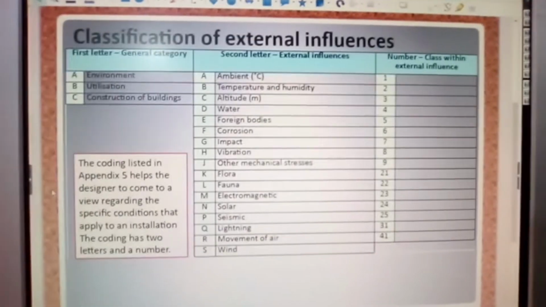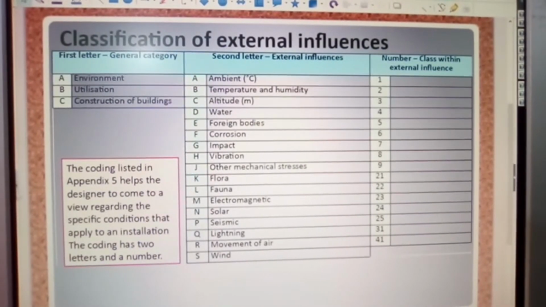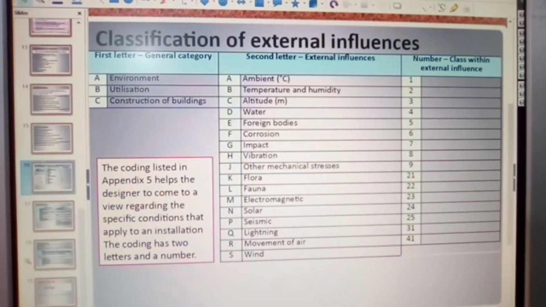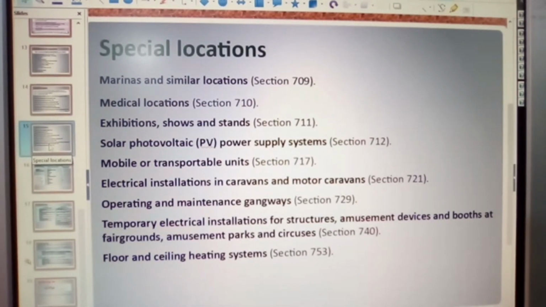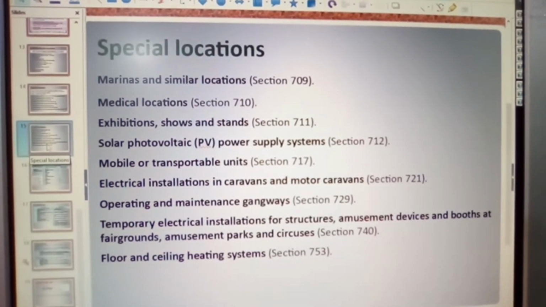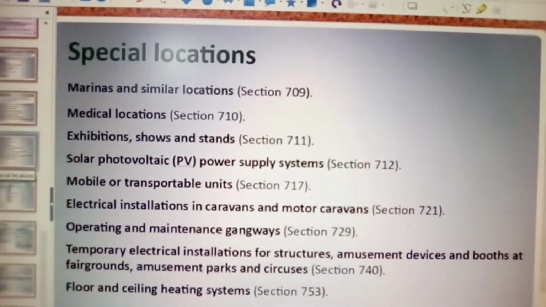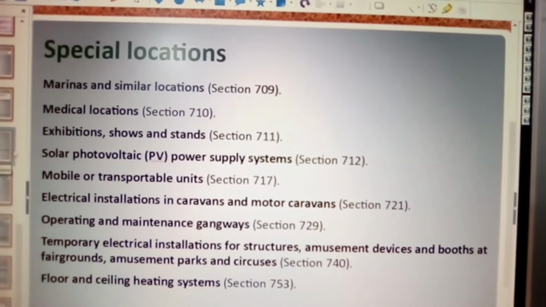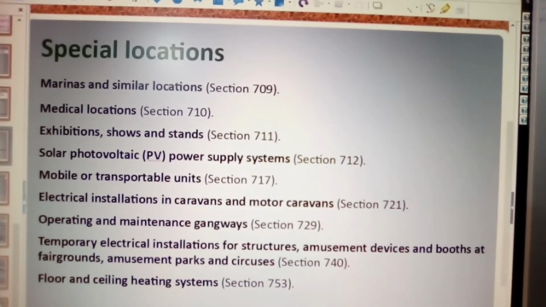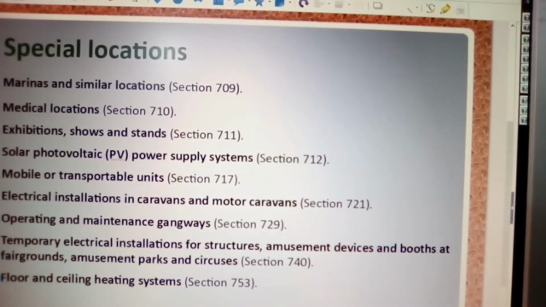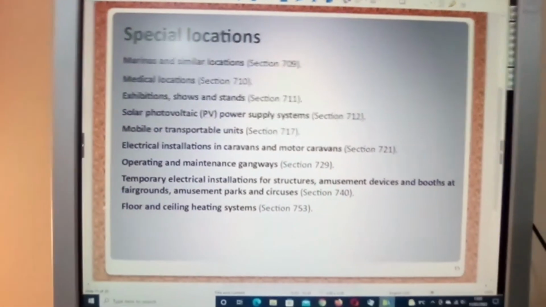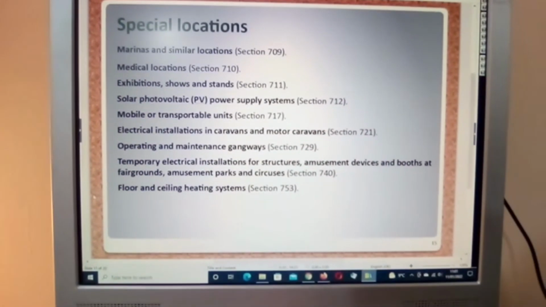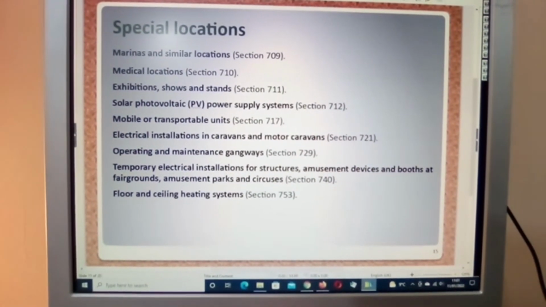And here we have classification of external influences. Okay, I'm just checking that I have covered the relevant special locations. Yes.